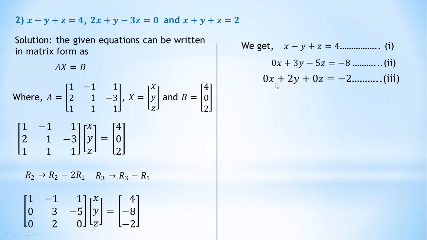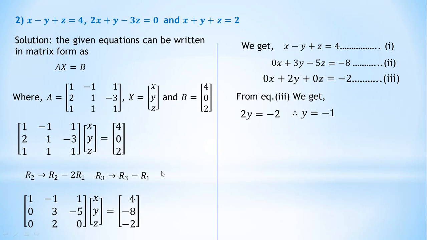If you get the answer of any variable first, no problem that we don't have the answer of z, but here we get the value of y from equation number 3. So you can stop your procedure. So from the third equation directly we get the value of y, that is y is equal to minus 1, because 2y is equal to minus 2, that is y is equal to minus 1.